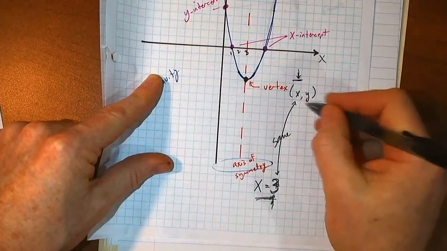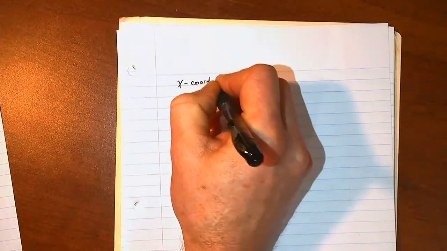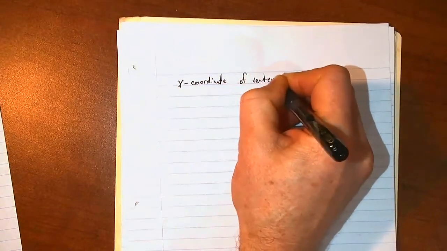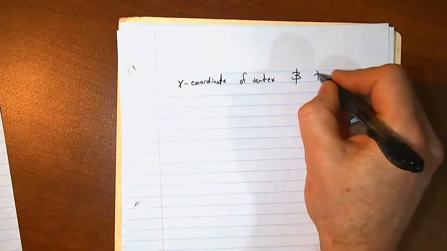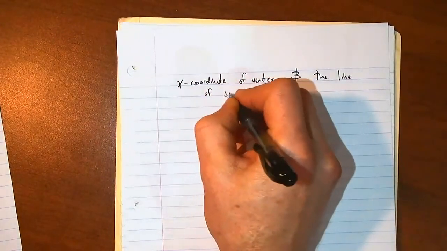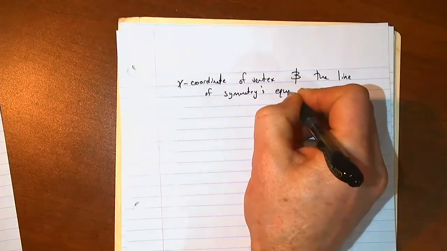Then all you have to do is find the y value. So next we're going to talk about finding the x coordinate of the vertex and the line of symmetry's equation.